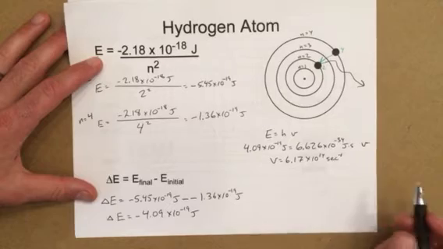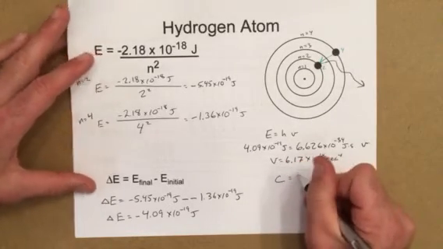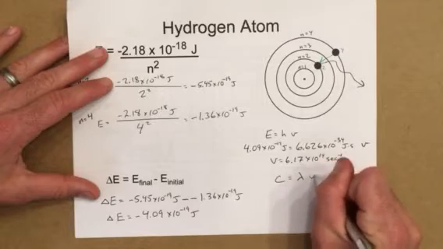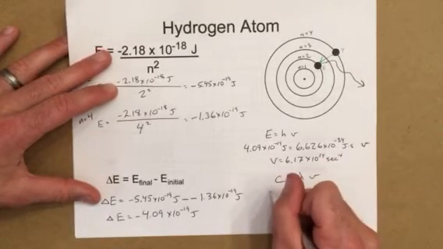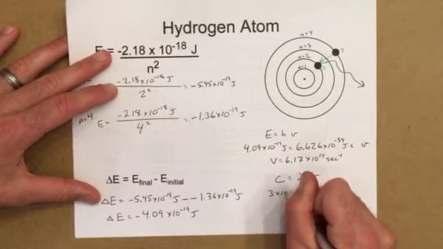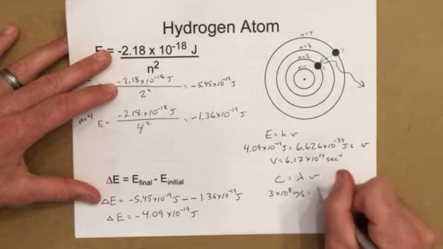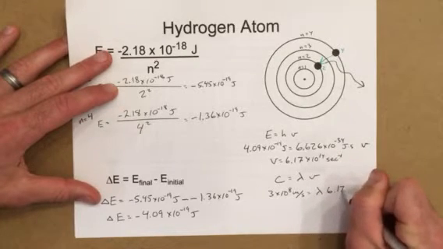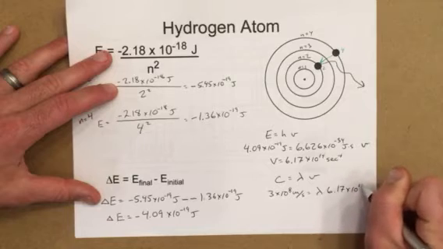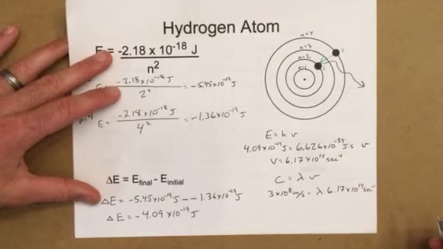And then I'm going to use that to find the wavelength. So we know that C is equal to wavelength times frequency. So C is the constant for the speed of light, 3 times 10 to the 8th meters per second, is equal to wavelength times frequency, 6.17 times 10 to the 14th seconds to the minus 1.